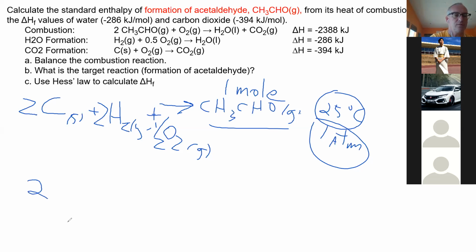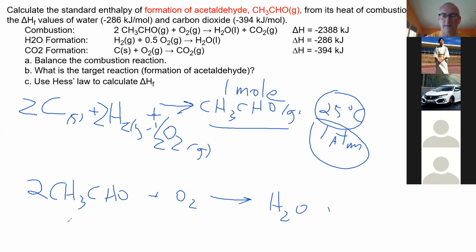So I've got 2 CH3CHO plus O2 makes H2O and CO2. Since oxygen is in both CO2 and water, it'd probably be best to balance the carbon first.